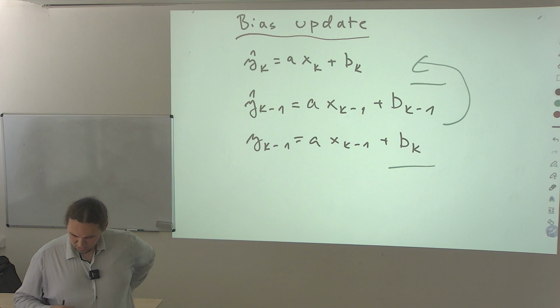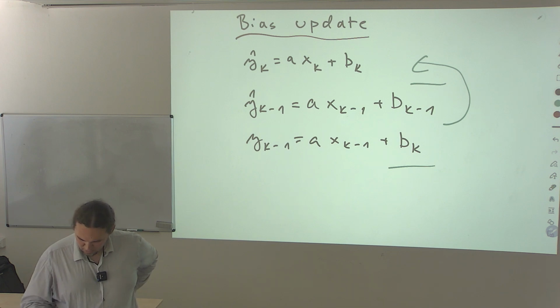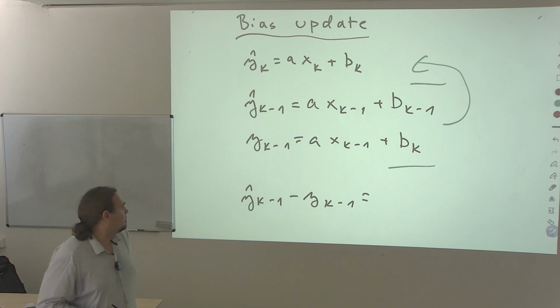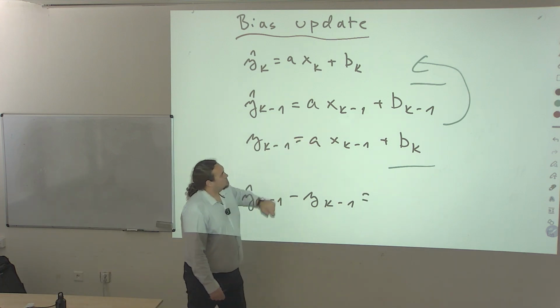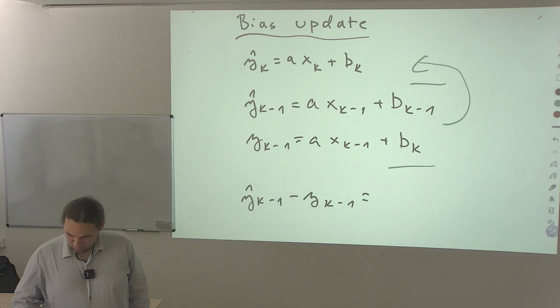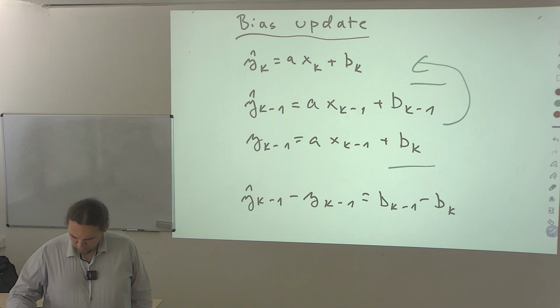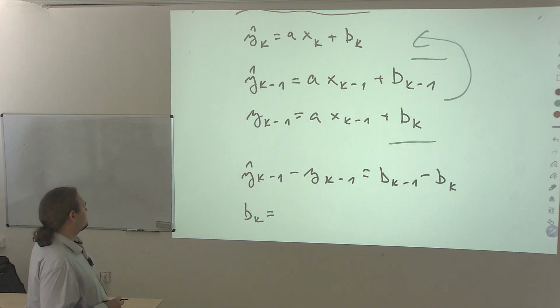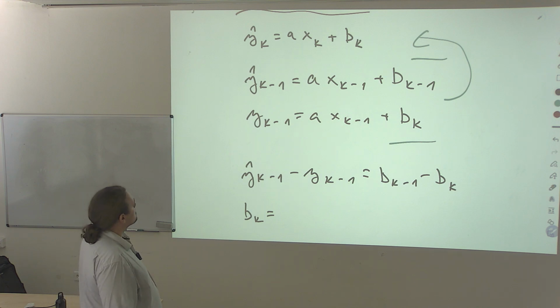So if we just subtract everything, we get y_{k-1} minus ŷ_{k-1} on the left hand side. On the right hand side, of course, these two will cancel, and we have b_{k-1} minus b_k, which of course means that b_k should be equal to what?